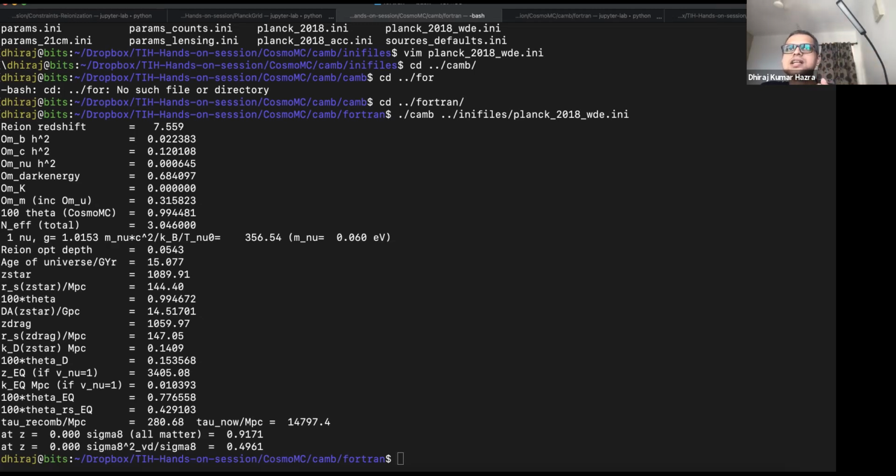Also, that is the large scale effect, and the small scale effect is that your distance to the last scattering changes. It will be clear when you talk about dark energy, but we have talked about distances, right? A distance to any redshift.